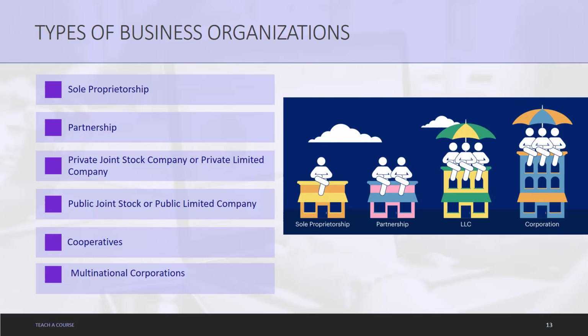So if CSEC asked you to define a cooperative company, how exactly are they defining that? It's an organization that is owned by its members. Just that alone? Okay. Or you could say it's an organization owned by its members for the benefit of its members, if you want to go into slightly more detail.